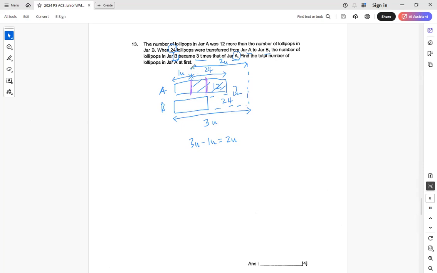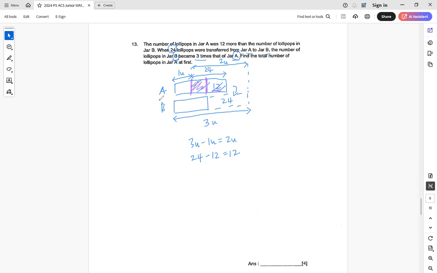Because there's no straightforward way of finding this whole 2 units, let me find it by portion. This portion here, the whole thing is 24. This one is 12. So to find this purple portion, I have to take 24 minus 12, which gives me 12.